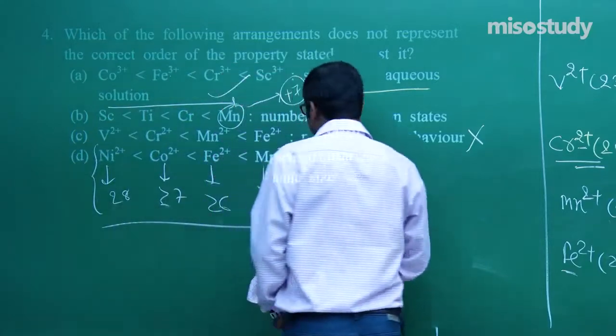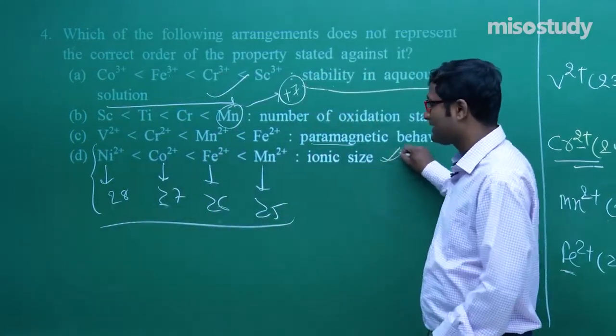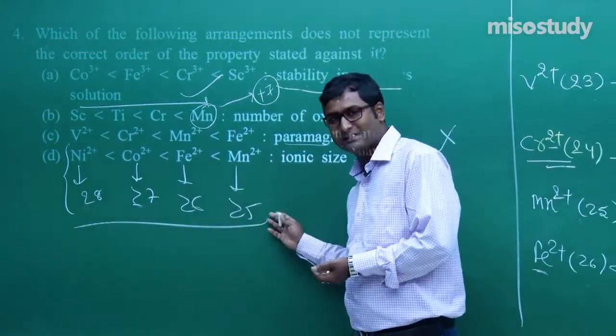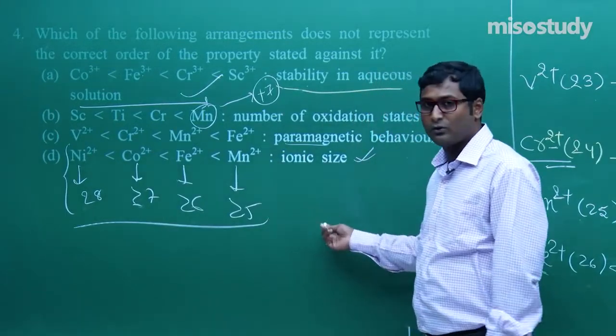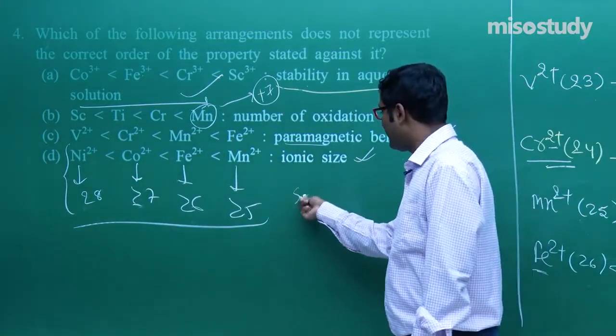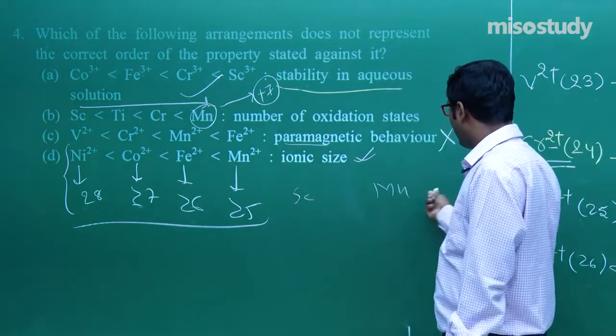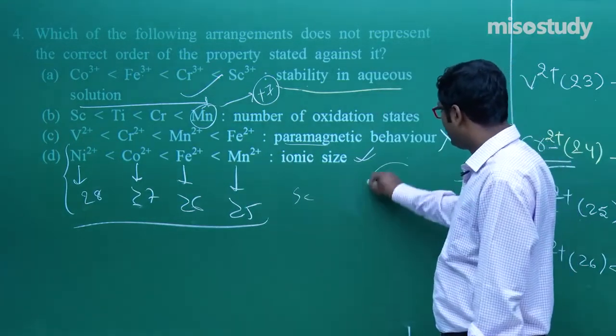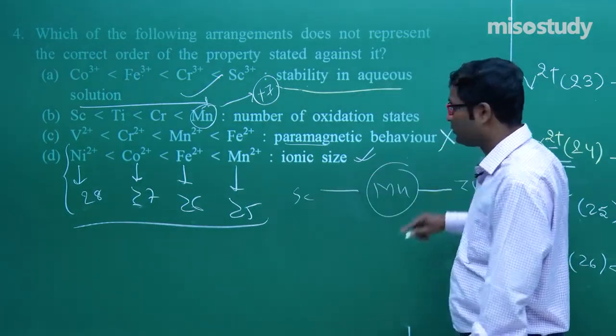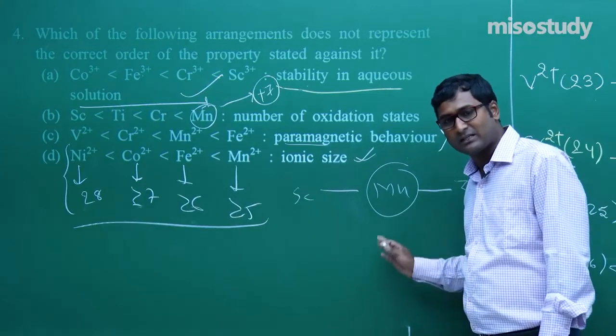Clear? So this is definitely a correct arrangement. As I discussed, the order of the size. Clear? Here is the anomalous behavior from scandium to Mn, then from Mn to Zn. Two barriers are there. Do you remember this? The concept is very simple.